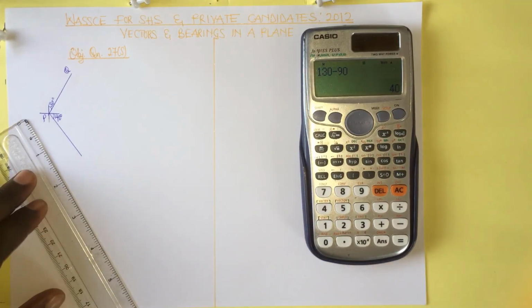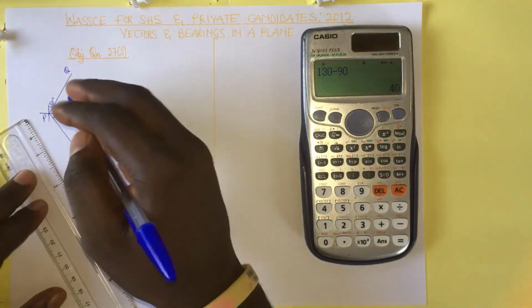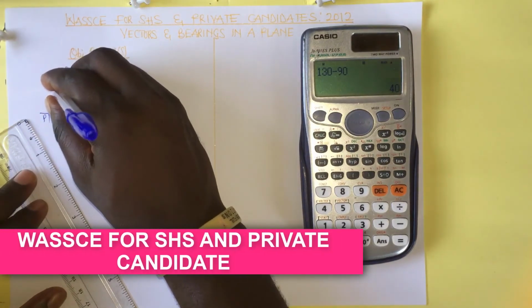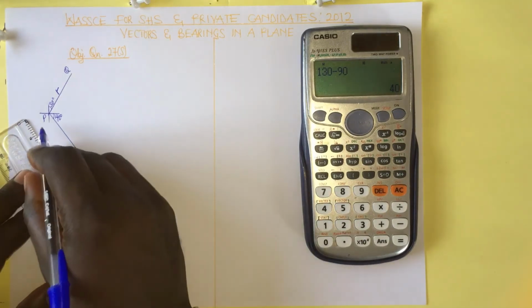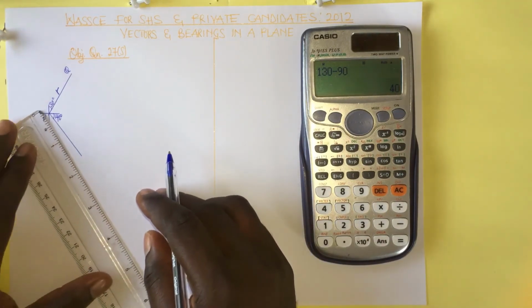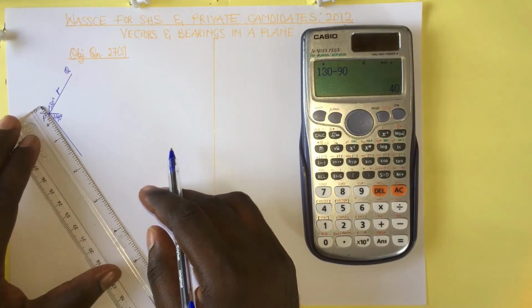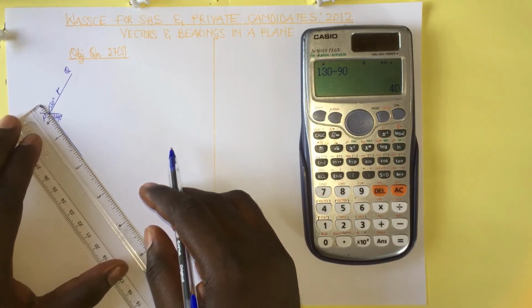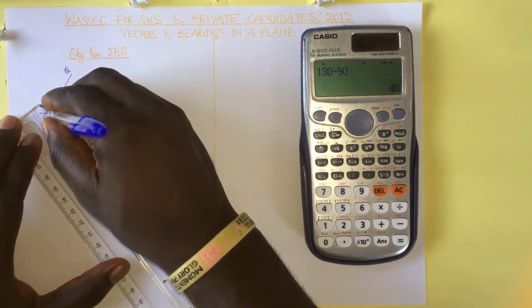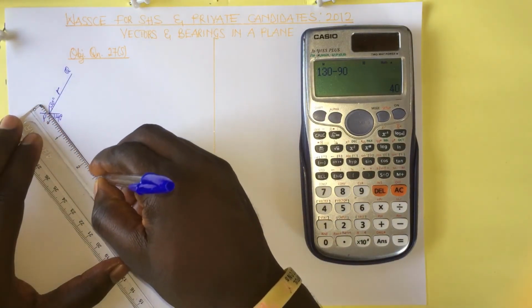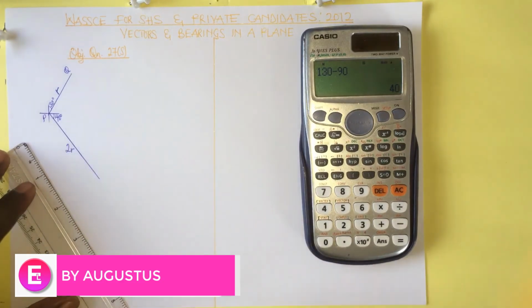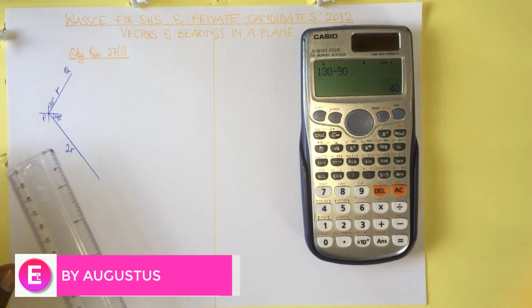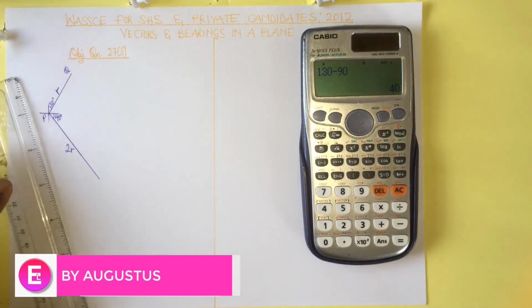It continues. If PQ is equal to R, as we have here, and PR is equal to 2R, so 2 times the length of PQ. So let's increase the length a little bit. Okay, so this will be our 2R. We are to find QR.